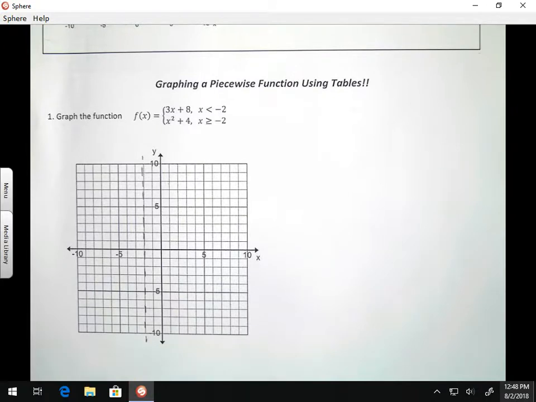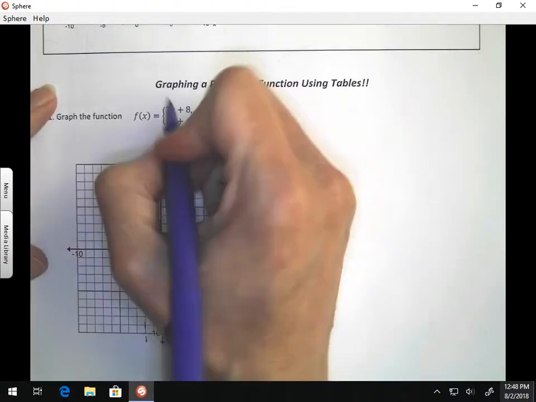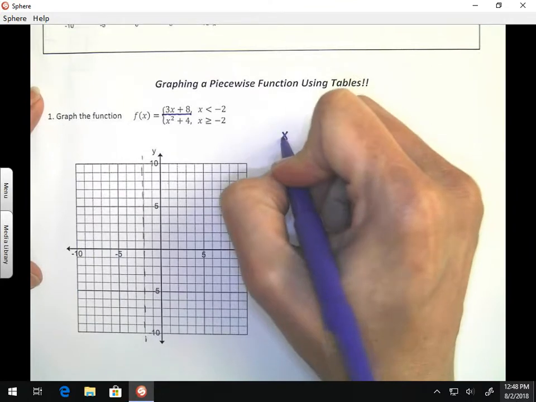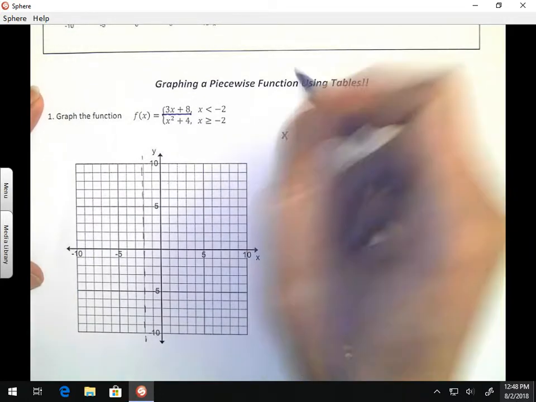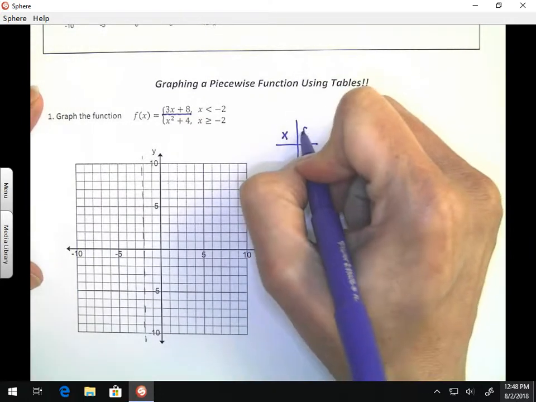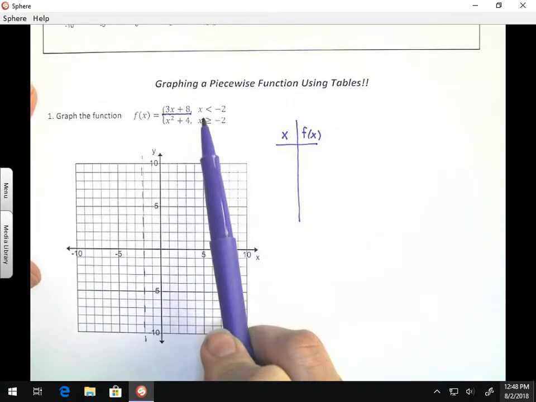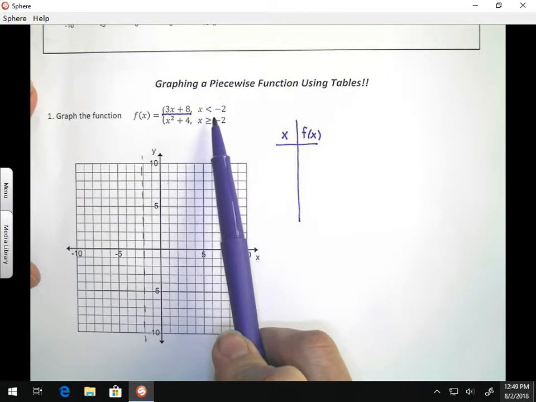So I'm going to make an input-output table for my two functions. The first one I'm going to do in purple here, 3x plus 8. I'll make a table with my inputs, my x values, and my outputs, my function values. I'm looking at x values that are less than negative 2.